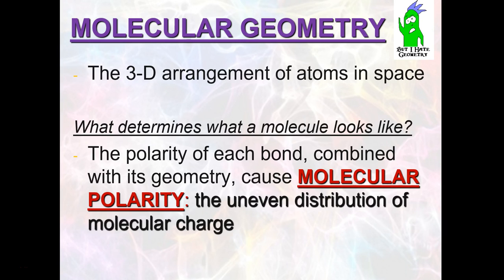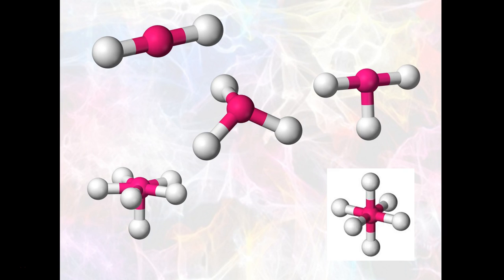So we're going to learn today how to take our Lewis dot structure and make a 3D model of it. Now it's going to be a little bit difficult because you're going to have to draw 3D structures down, and it's difficult to draw a three-dimensional structure two-dimensionally. But today we're going to work on trying to learn what that structure looks like, and then next class you're going to actually build it.